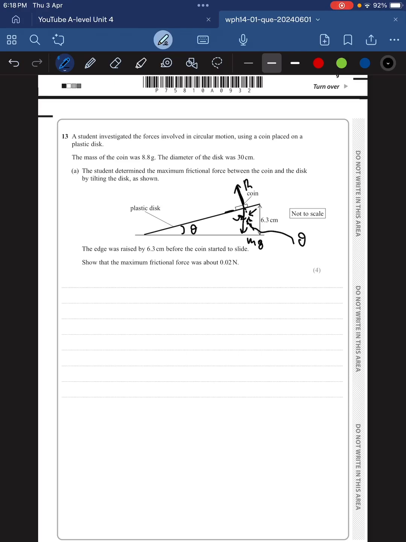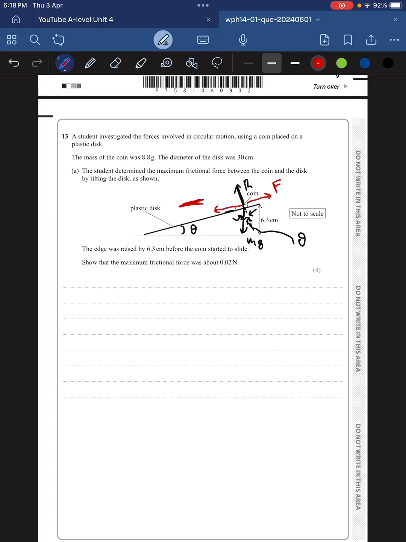So therefore, if this is theta, this is also theta. Now, we can analyze the forces in this axis, right? So in the axis that is parallel to the plane. So we have the component of gravity in that direction, friction in that direction.